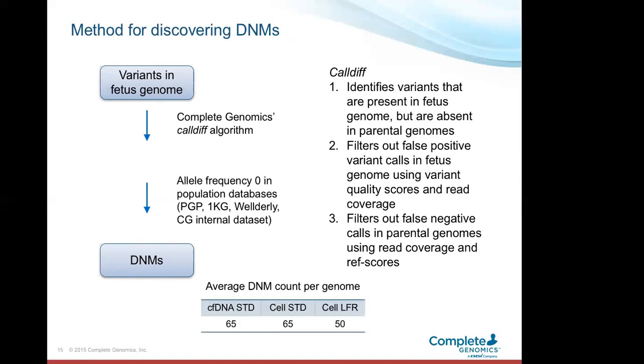Through this process, on average, about 65 de novo mutations were found per genome for both standard library types, and on average 50 de novo mutations were found in the LFR libraries.